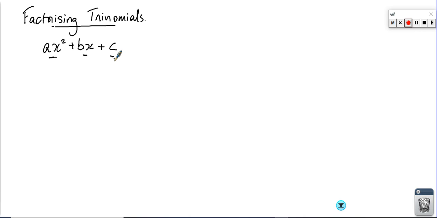So, for example, let's factorize 3x squared plus 10x plus 8. So, the method is this one.